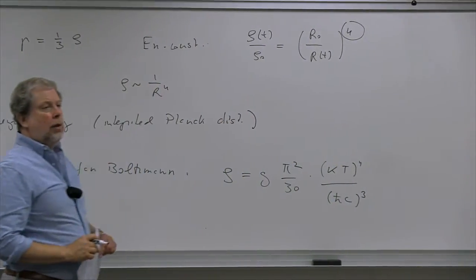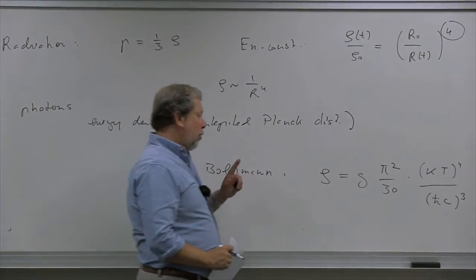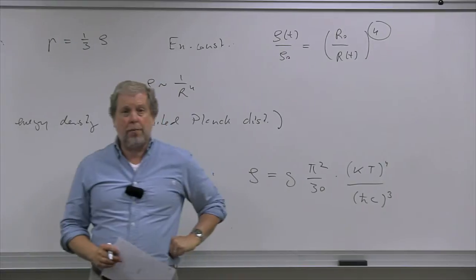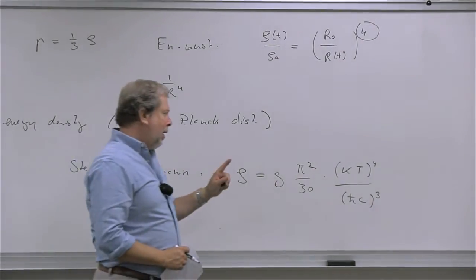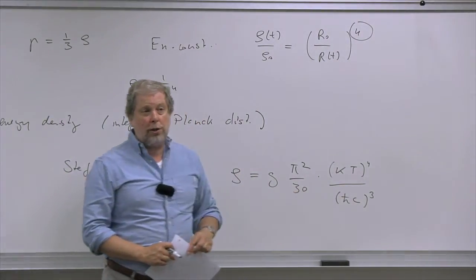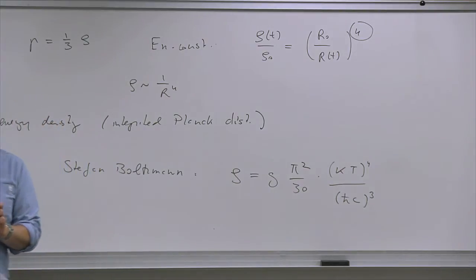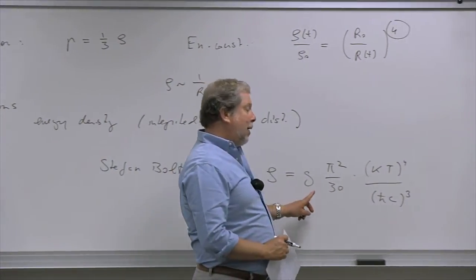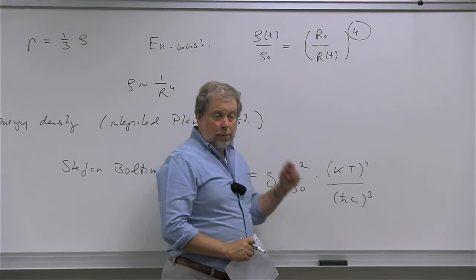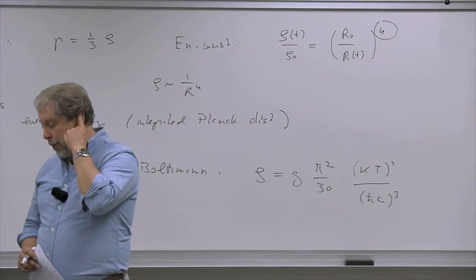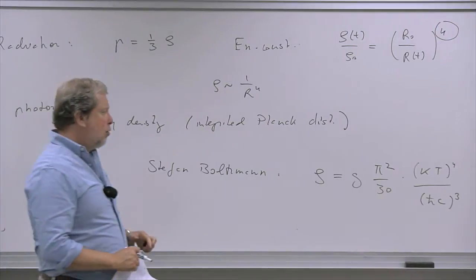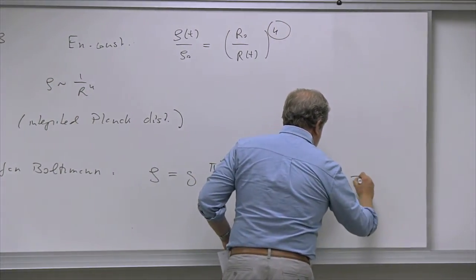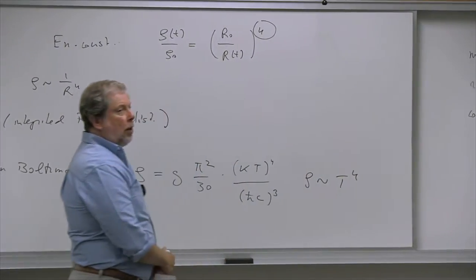It was Stefan and Boltzmann who determined that the energy density for radiation goes like the temperature to the 4th power, and they determined what the constant in front was. This was, of course, before the advent of quantum mechanics. It was Planck later on who gave us the expression for the Stefan-Boltzmann constant in terms of Planck's h bar. So essentially rho goes like T to the fourth.